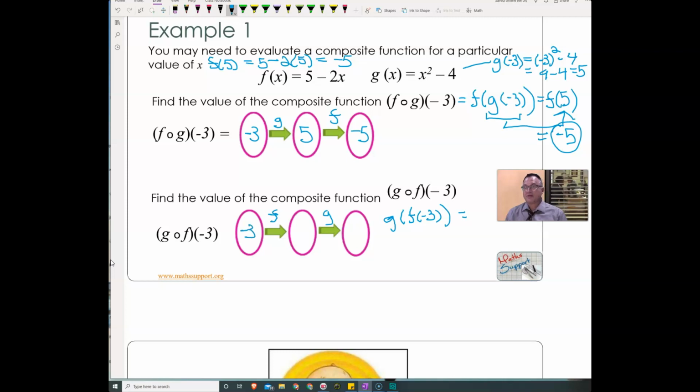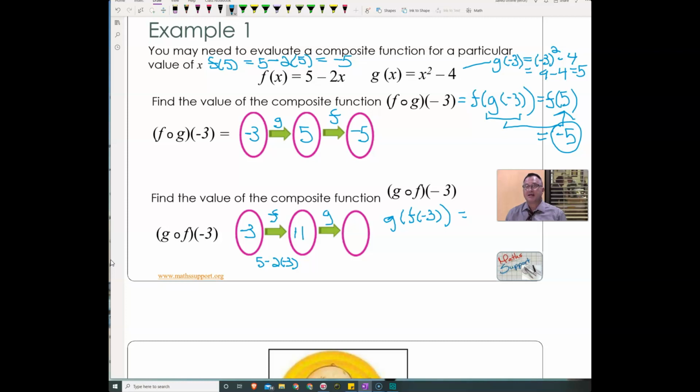So we start with negative 3, and I'm going to plug it into f. So f is 5 minus 2 times negative 3. That's negative 6. 5 minus negative 6 is 5 plus 6, so that's 11.